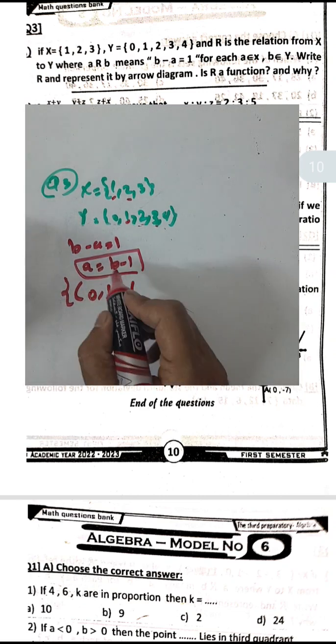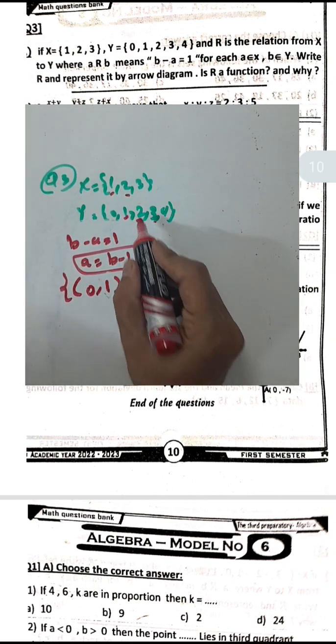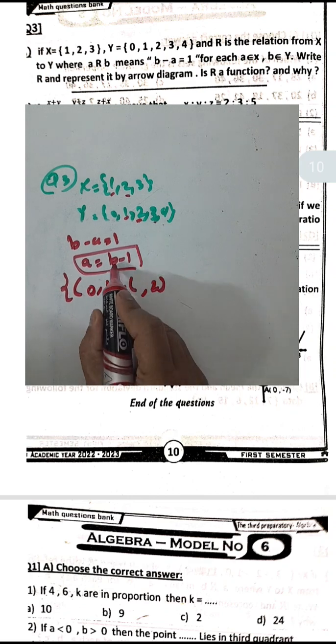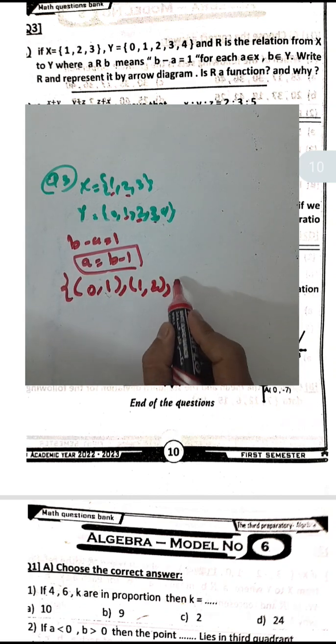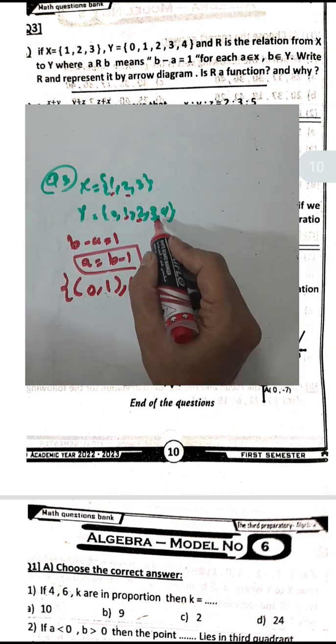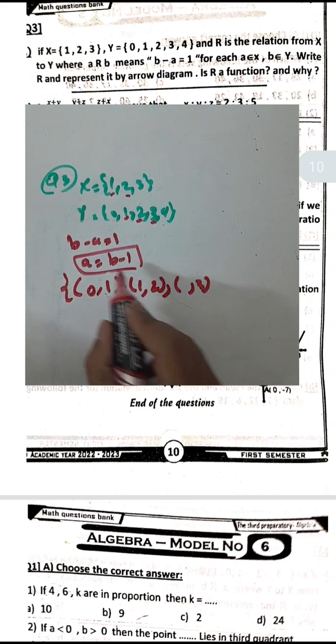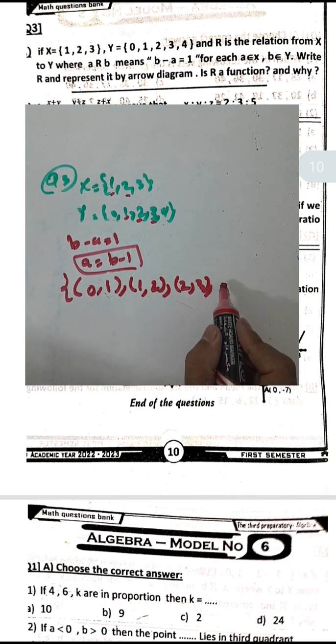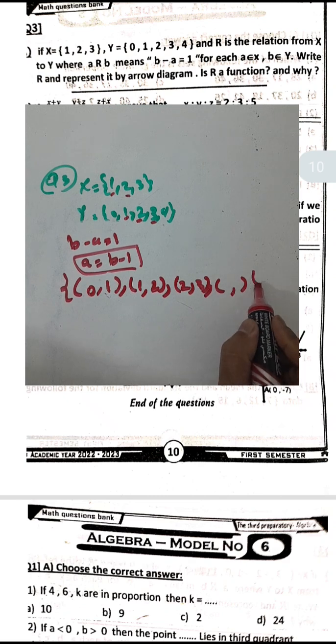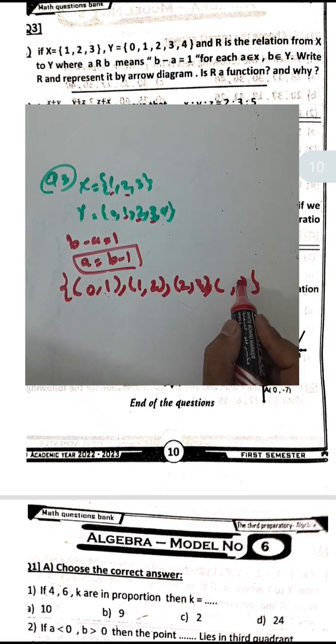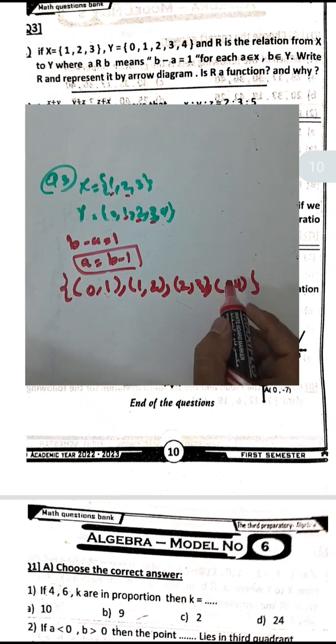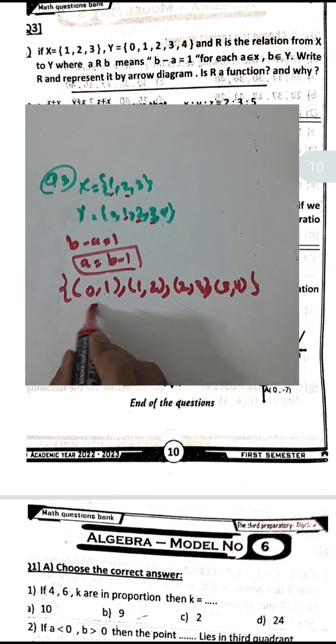Understood? And then put b equal 2, then a will be 1. Put b equal 3, then a will be 2. And put b equal 4, then a will be 3. Okay, understood?